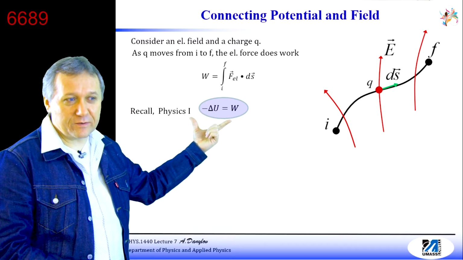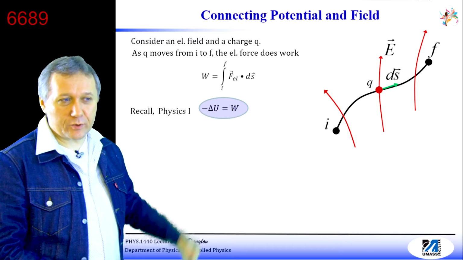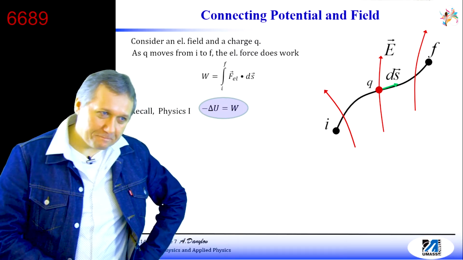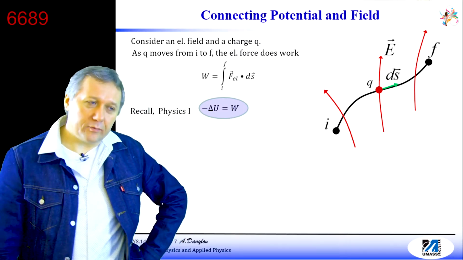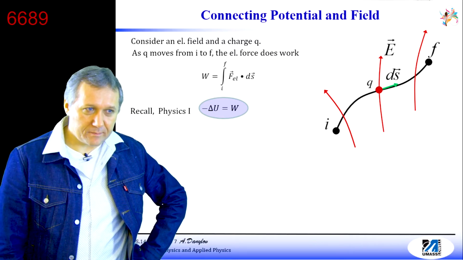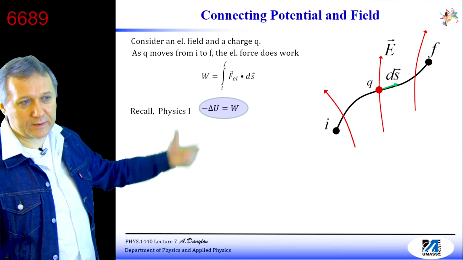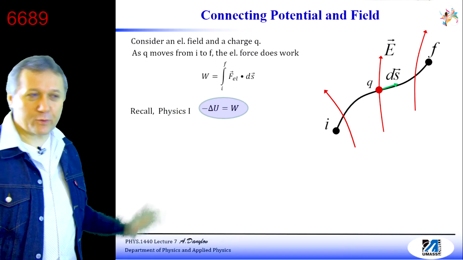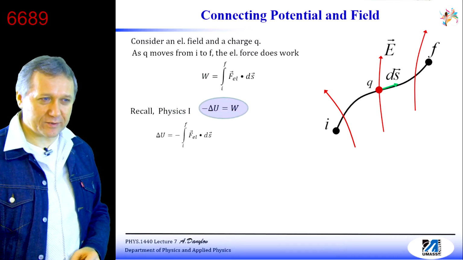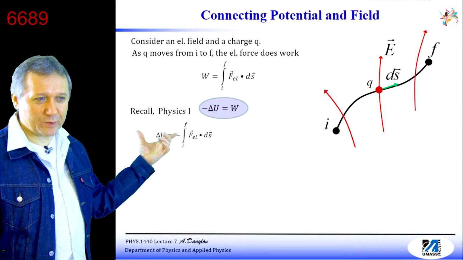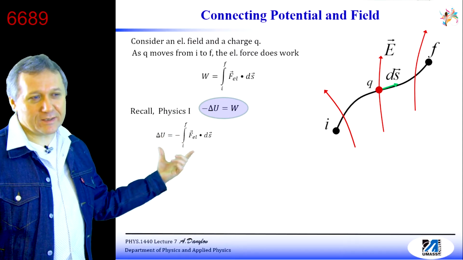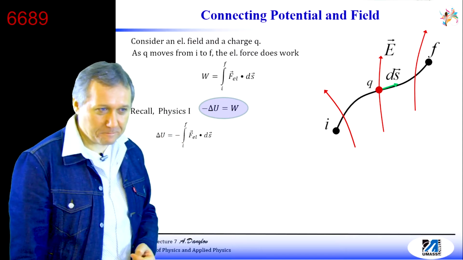Again, in physics 1, work equals the negative change in the potential energy. We used it already once this semester, right? So that's what we're going to write instead of this W: minus delta U. But of course, I will move the minus to the side of the integral. So it will be delta U equals minus the integral of F dot ds.